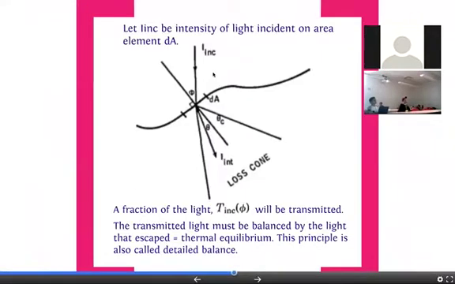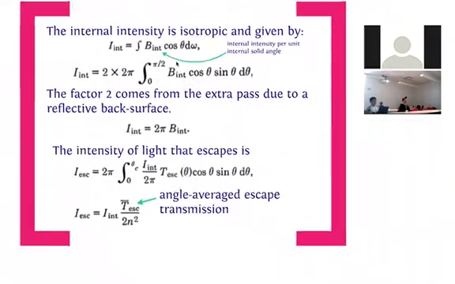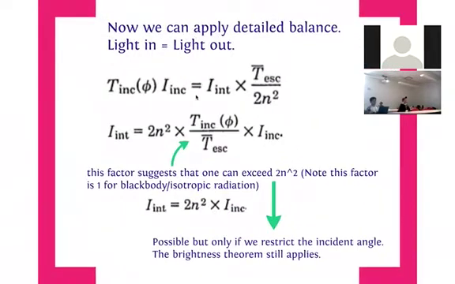Just to clarify, we are looking at this interface here: light coming in should match the light escaping. Light coming in is this intensity multiplied by the transmission. Light going out is this intensity multiplied by the probability of escape, which we calculated as t bar escape divided by 2n squared. So let's come back to that expression.